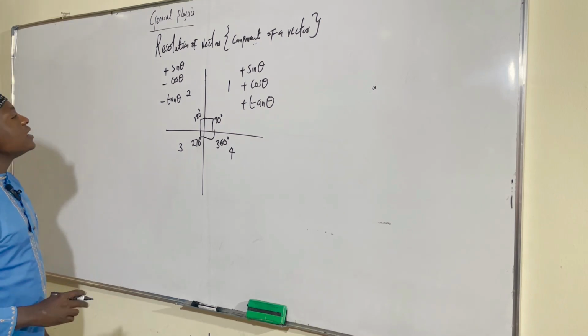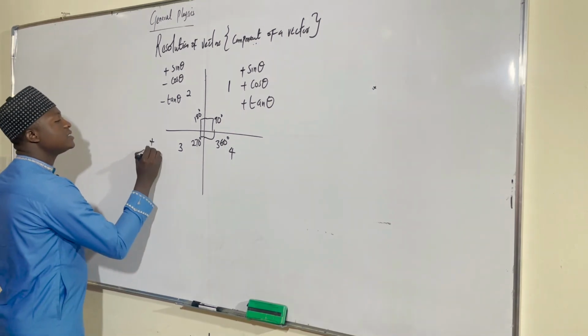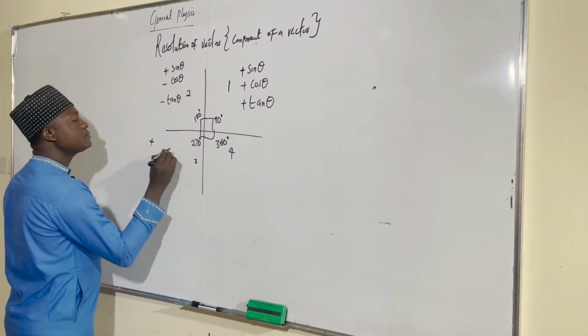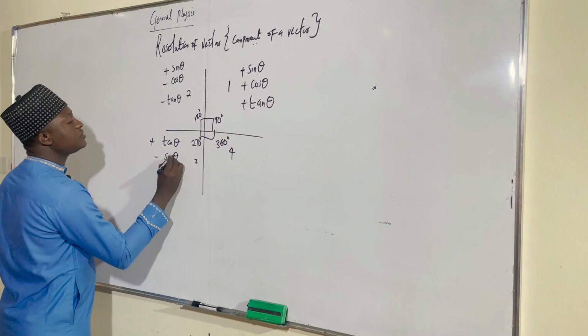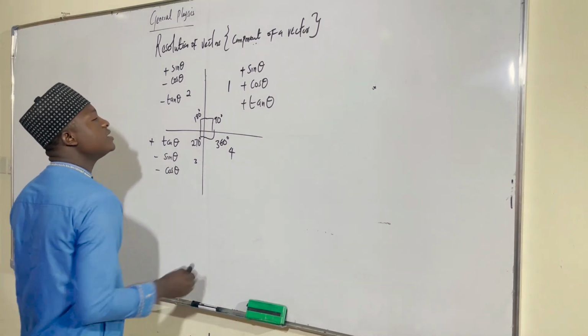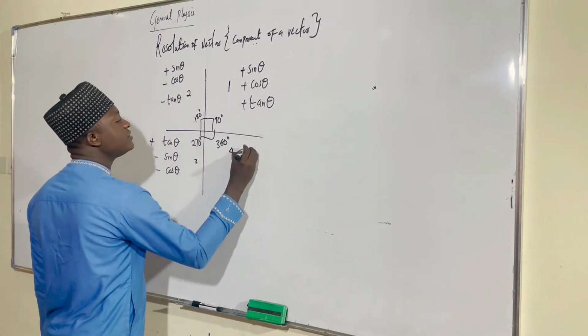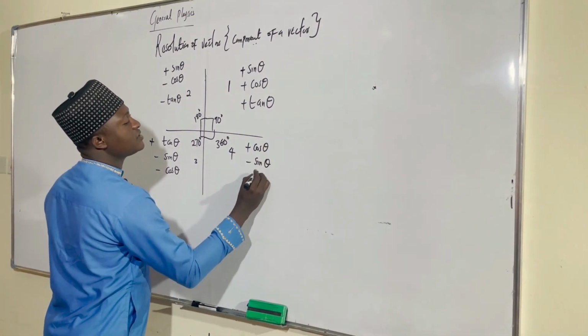In the third quadrant, any angle from 181 to 270, only tan is positive, sine is negative, and cos is also negative. In the last quadrant, only cos is positive, sine is negative, and tan is negative.